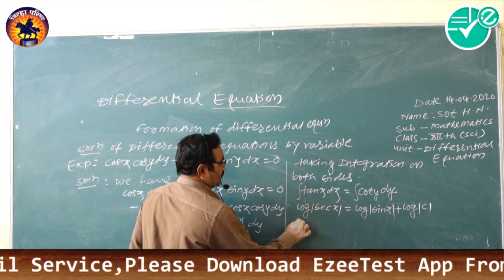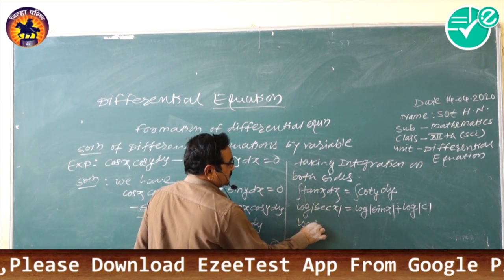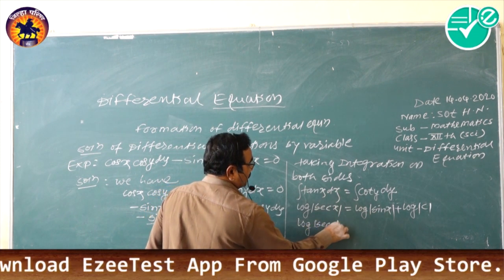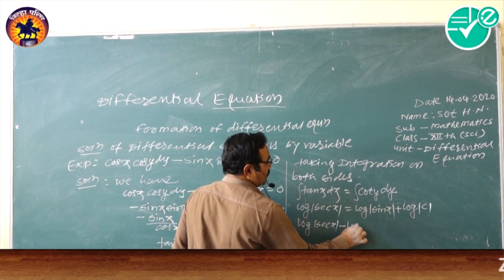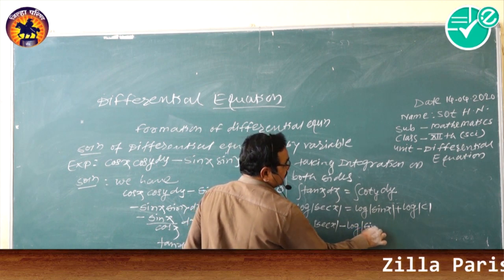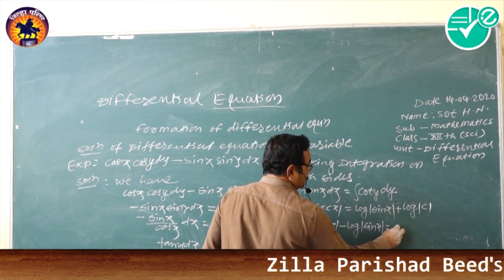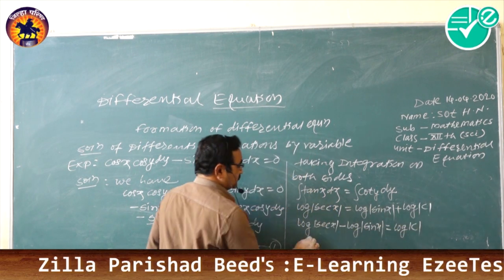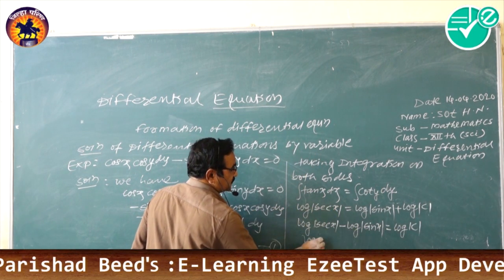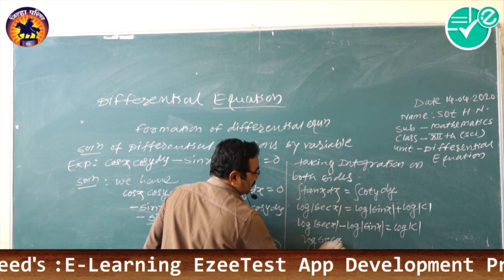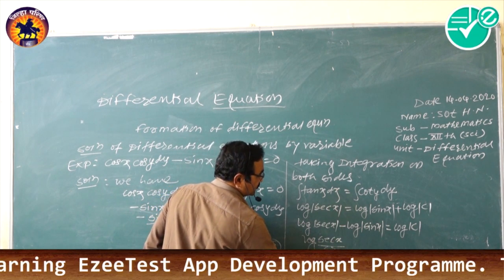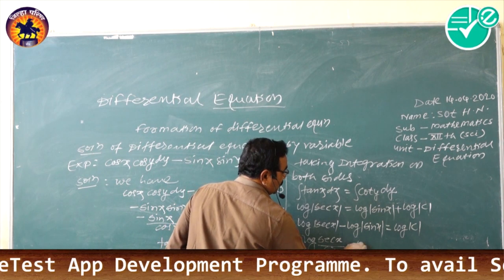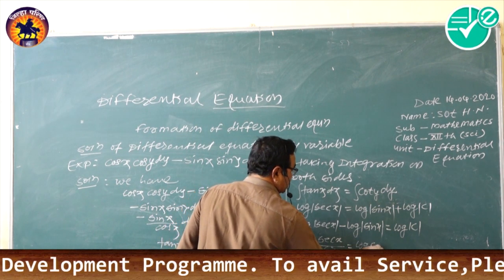This is log of sec x minus log of sin y equal to log of c. This is log of sec x upon sin y equal to log of c.